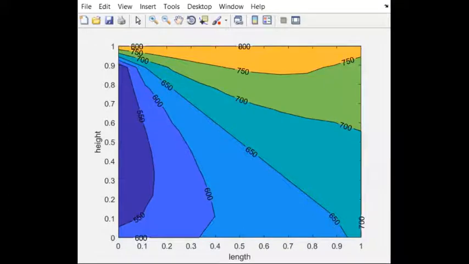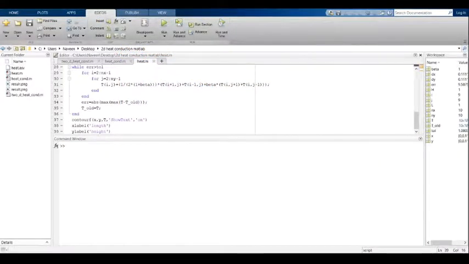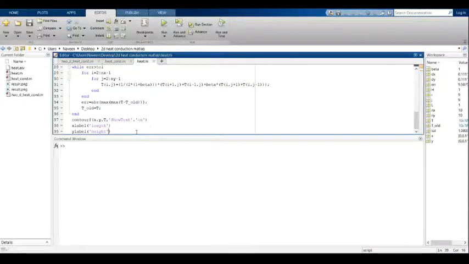For that we have to give one command, set gca, and change the y direction to reverse. I'm just reversing the y direction.